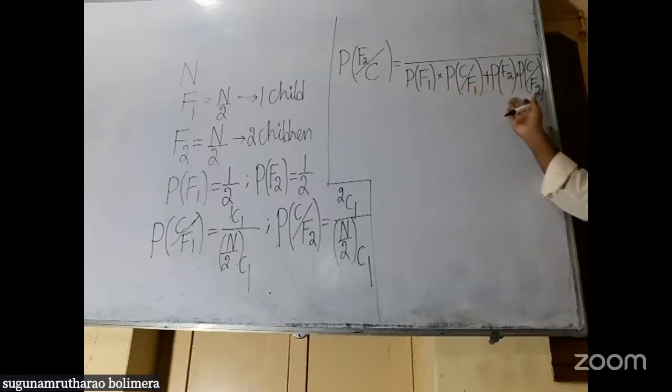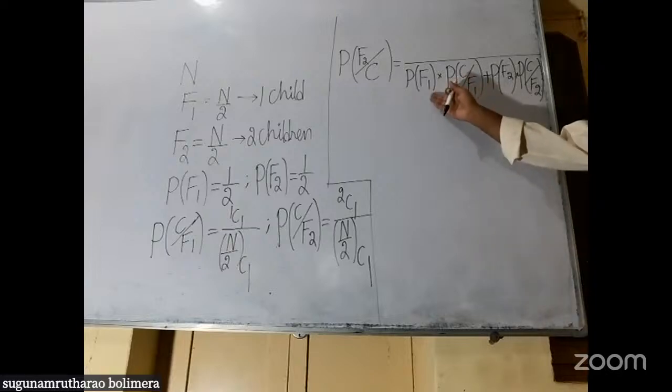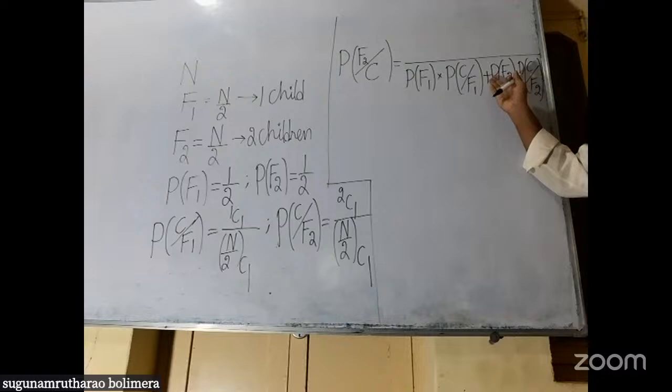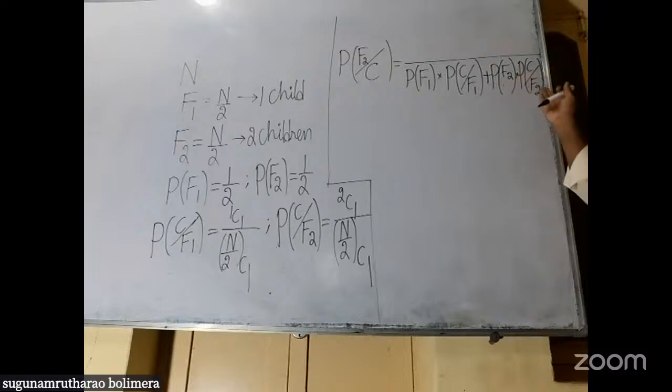Only two groups of families are there. You may choose the first group and a child from it, or you may take the second group and a child from it.